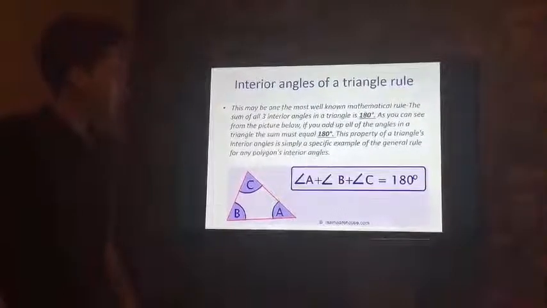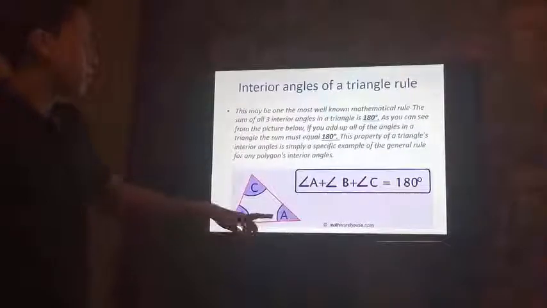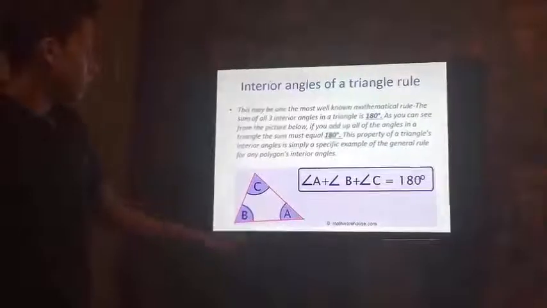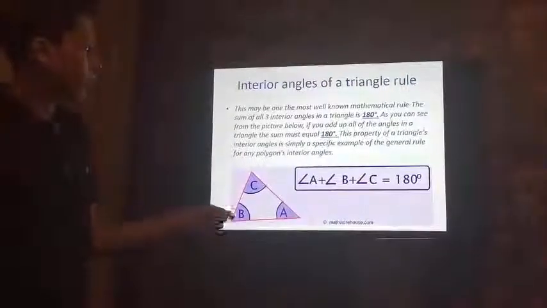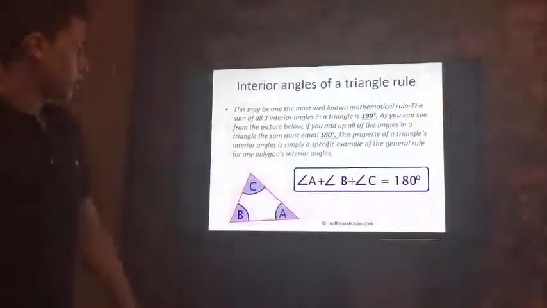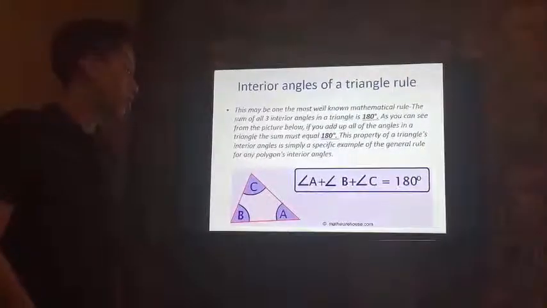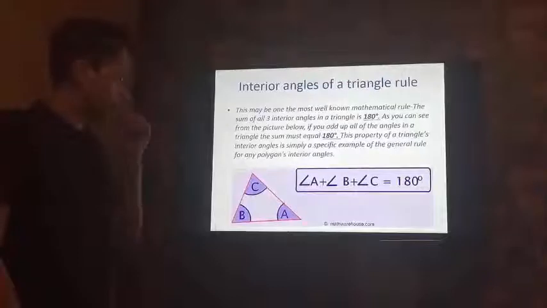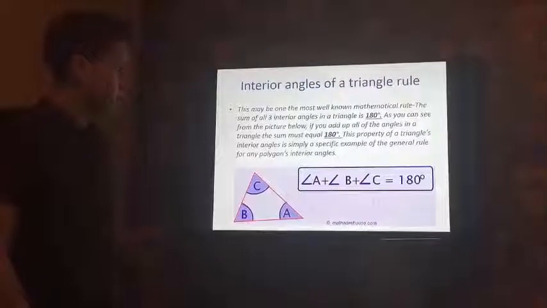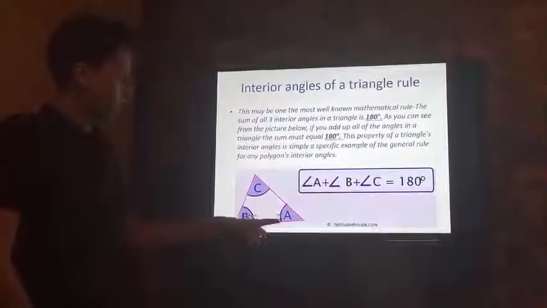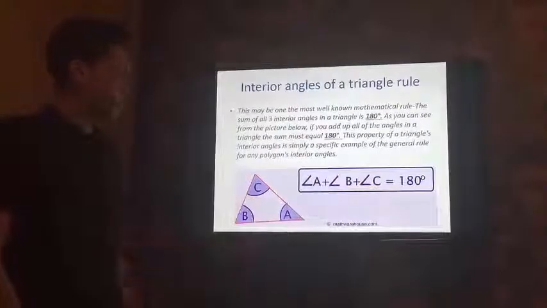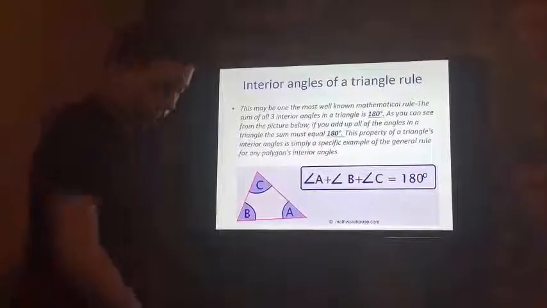As you can see from the picture below, if you add up all the angles in a triangle, the sum must equal 180. This property of a triangle's interior angles is simply a specific example of the general rule for any polygon's interior angles. As you can see, A plus B plus C always equals 180.